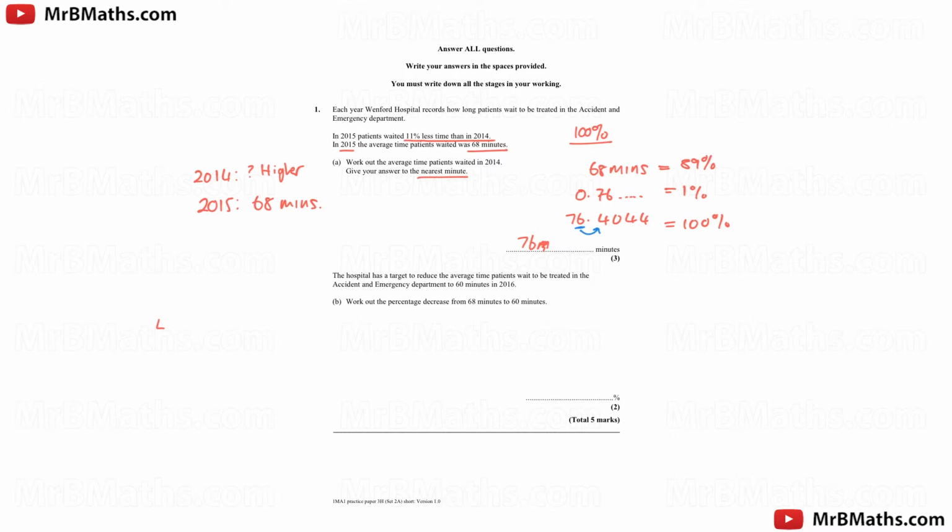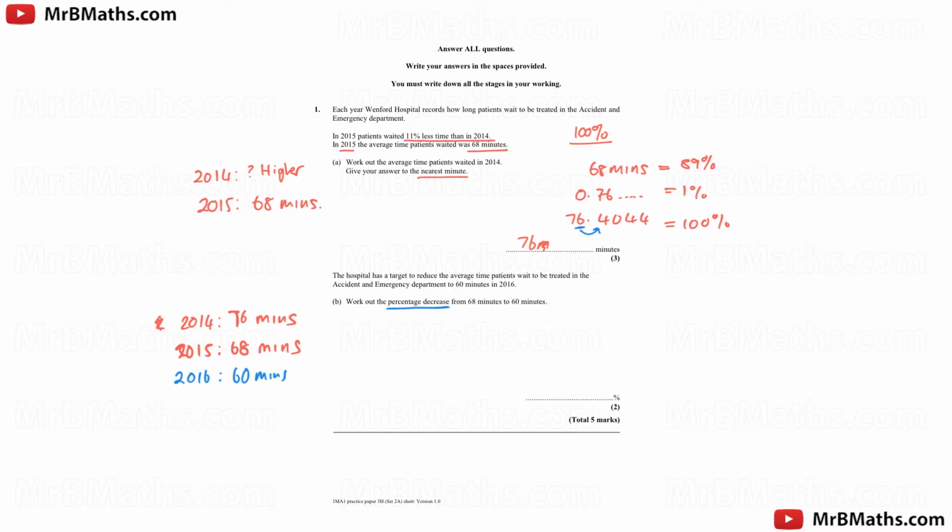If we just conclude this, we've got 2014 at 76 minutes, 2015 with 68 minutes, and now this target of 2016 at 60 minutes. So we need to find out the percentage decrease.